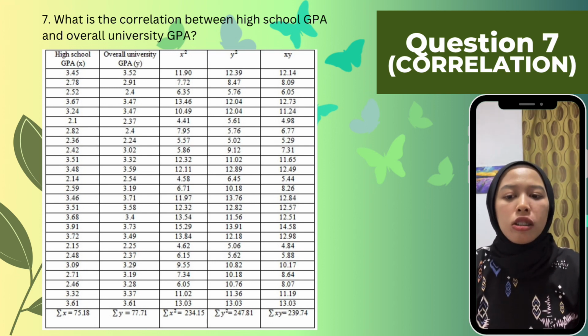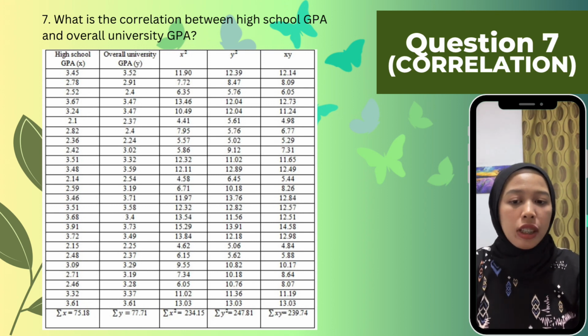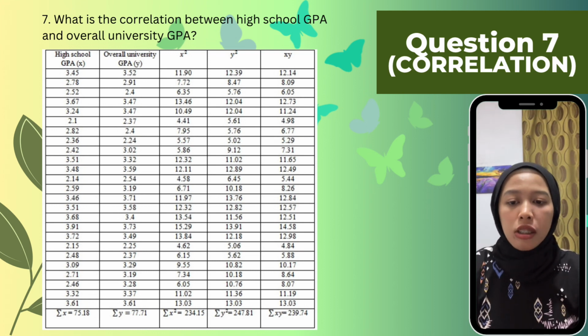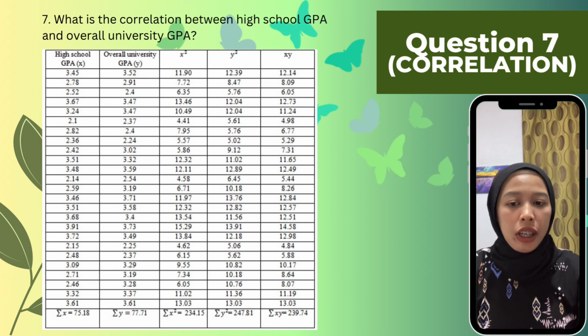Moreover, the total amount of X squared is 234.15 and Y squared is 247.81. To get XY, we need to multiply the scores of the high school GPA and overall university GPA.